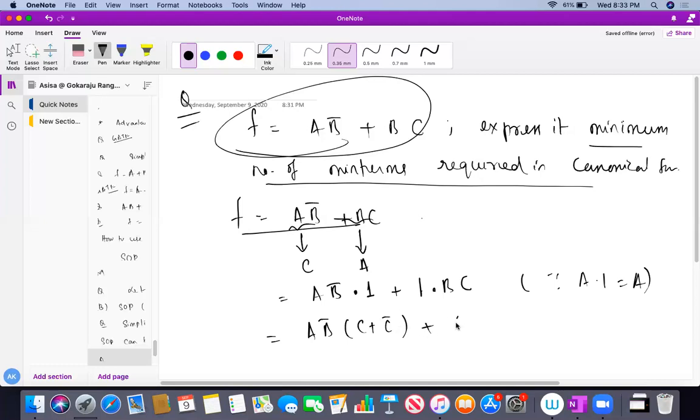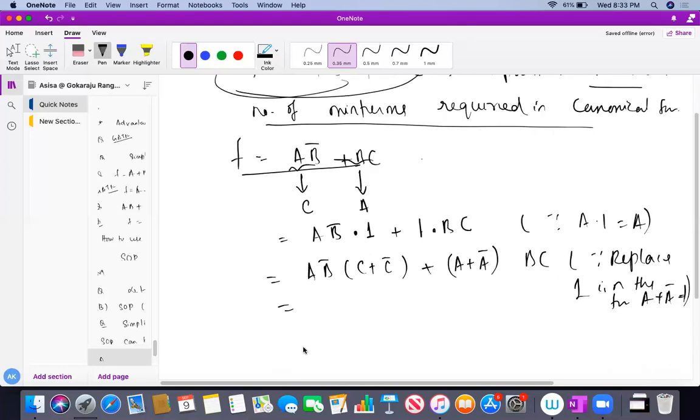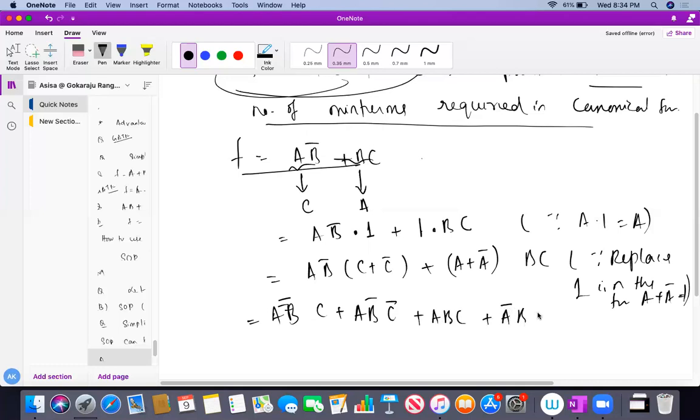And 1 will again be A or A bar, for B, C. So I have just replaced 1 in the form of A or A bar, nothing else. So what I have got here, then I can apply the distributive law, very simple, which is AB bar C, next AB bar C bar, next ABC, next A bar BC.